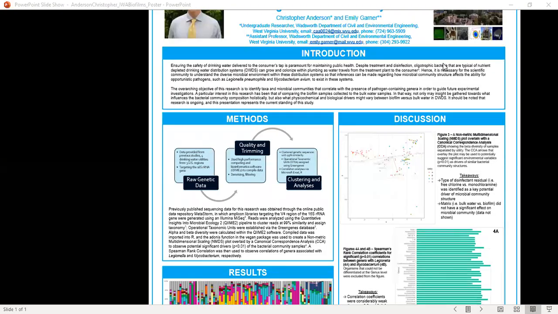A Spearman rank correlation was then used to see if there were any correlations between bacteria and the pathogenic strains of bacteria, or any notable significant correlations if they could be made.